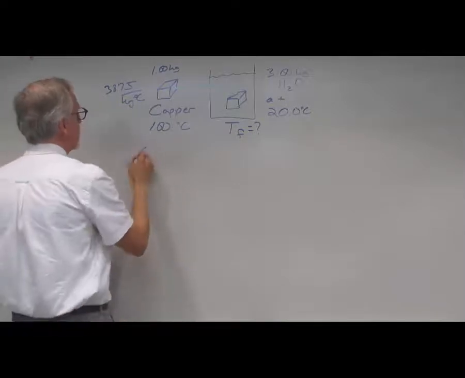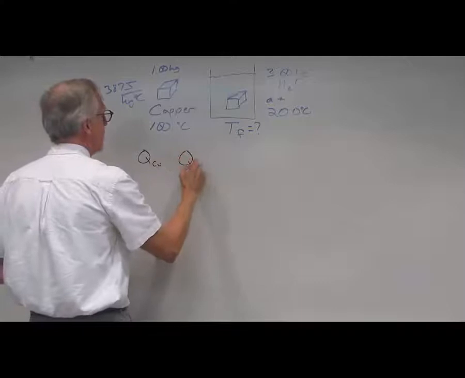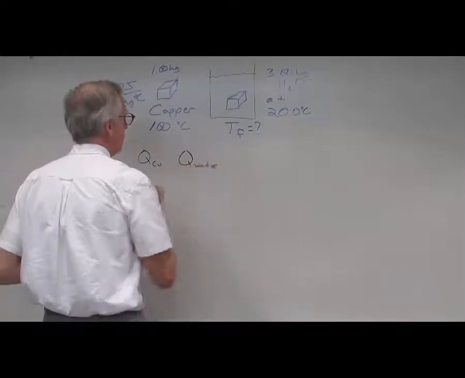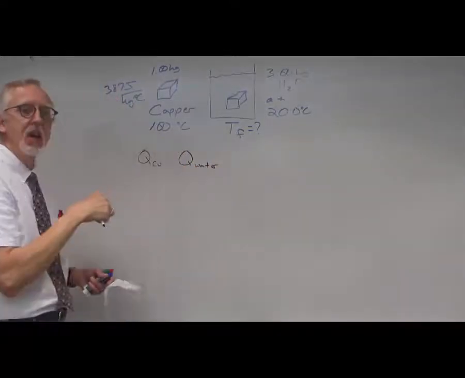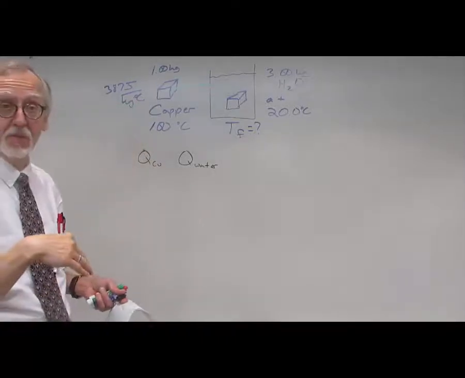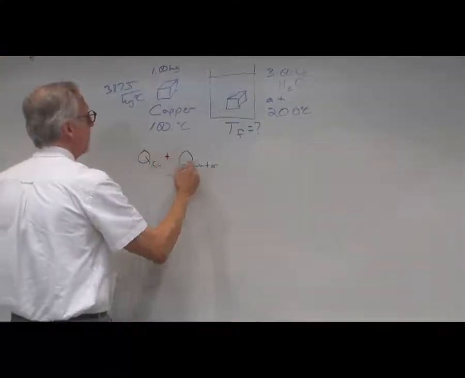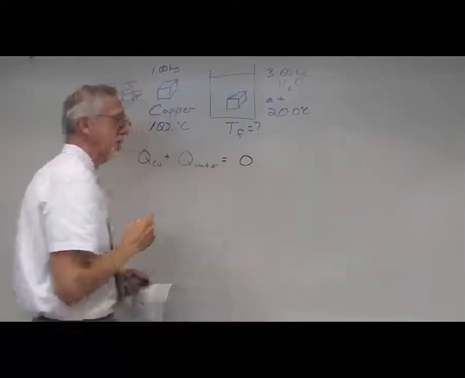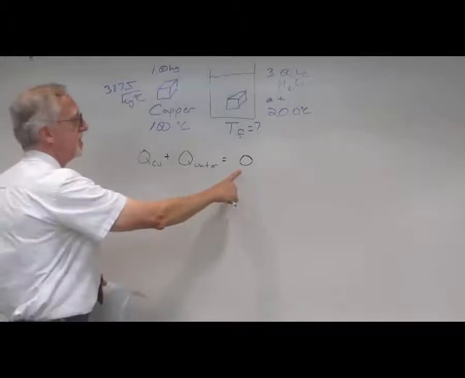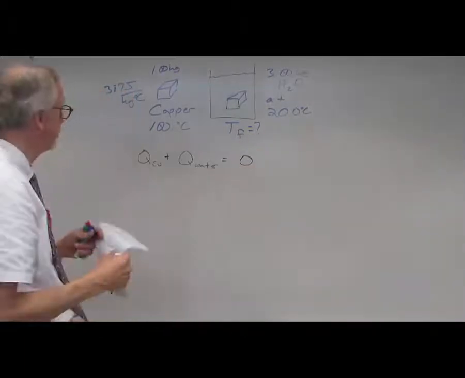So we'll have some energy change for the copper, some energy change for the water. Now, if the energy change of the copper is negative, the energy change for the water will be positive. So the copper is losing energy, the water is gaining energy. The sum of these we then expect to be 0. So the fact that this is 0 means nothing is going to or coming from the environment.